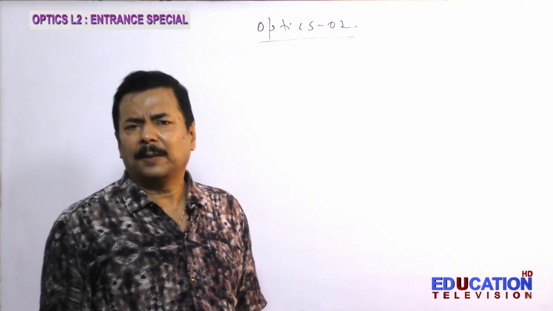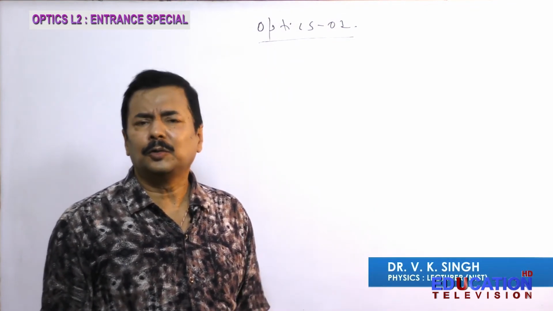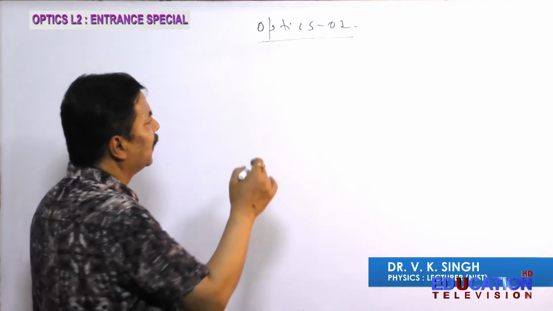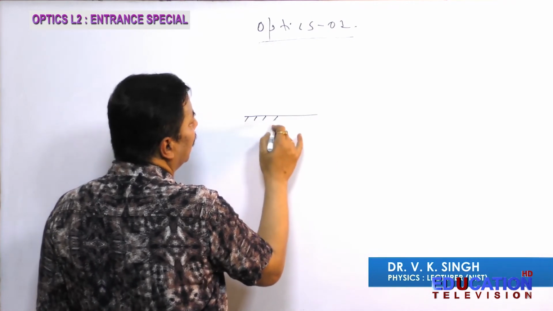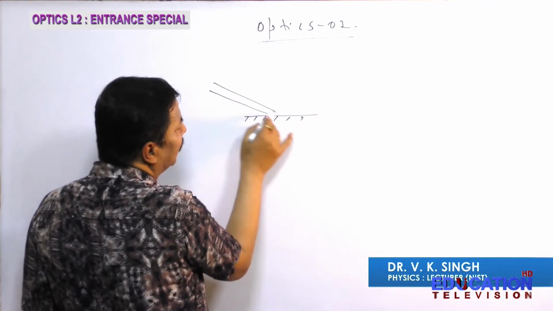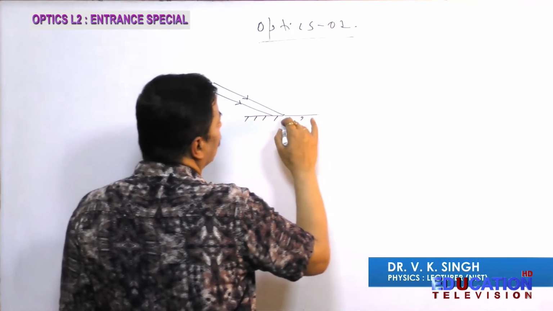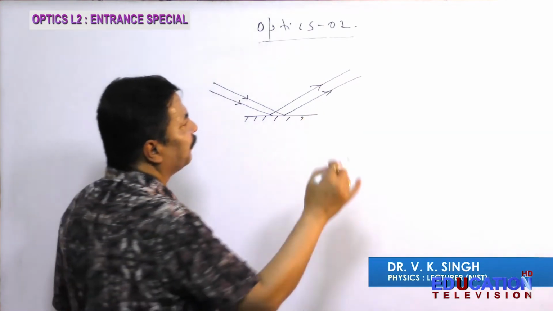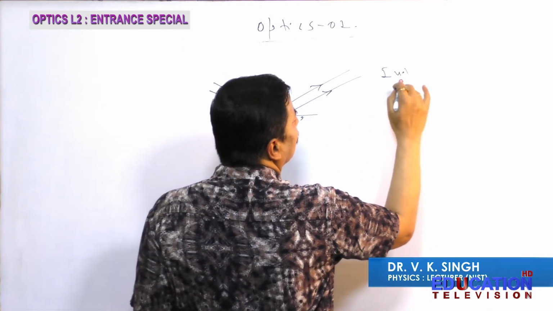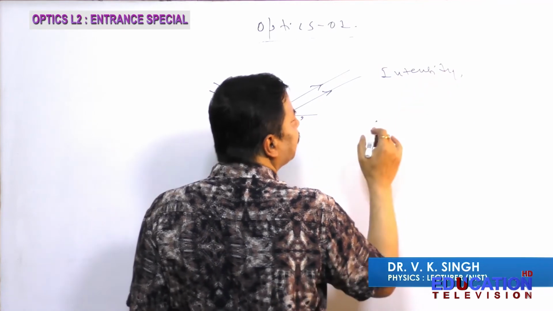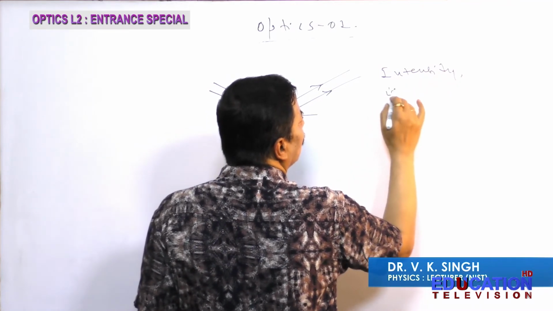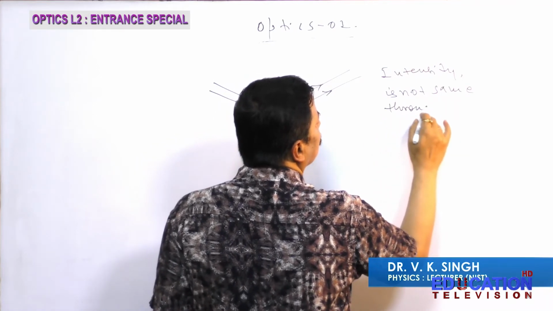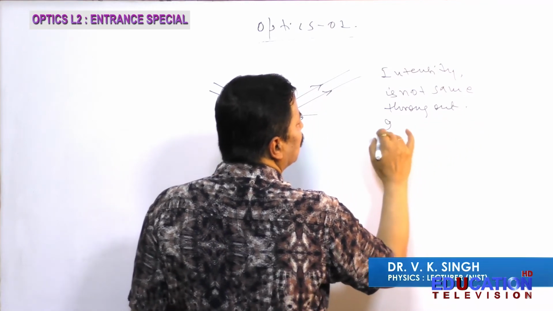Now we are talking about reflection. From childhood you know there is regular reflection and diffuse reflection. Regular reflection is when a smooth surface is there and a ray of light comes in this way and goes out this way. The intensity is not the same throughout, and an image is formed.